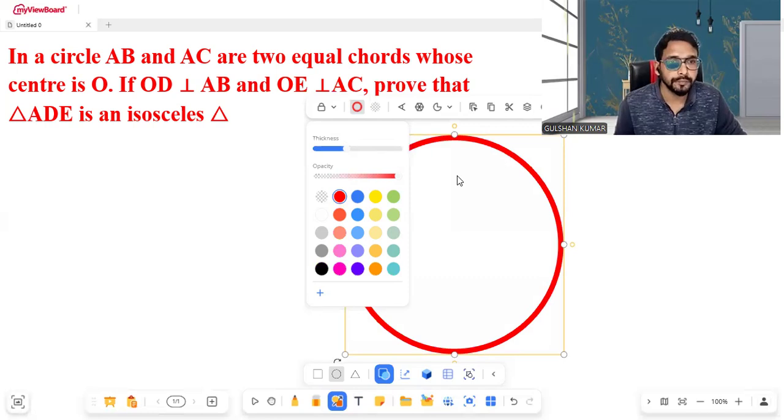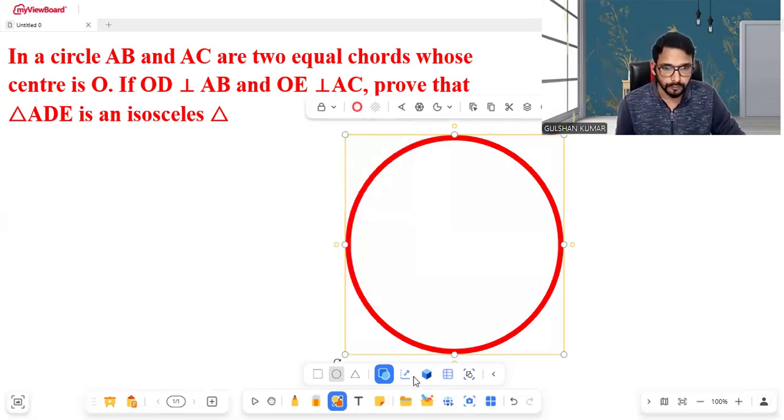This is our circle, and the question says that we have two chords.